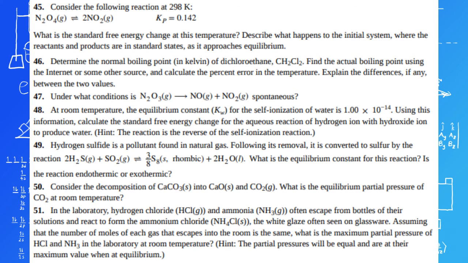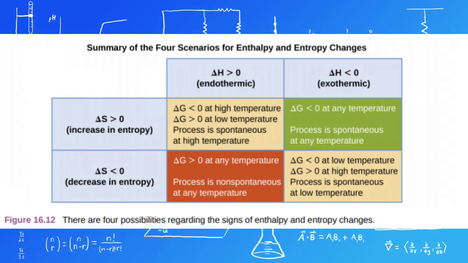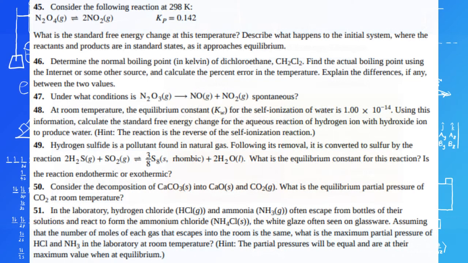That should remind you of this chart. Something that's spontaneous at high temperatures and non-spontaneous at low temperatures. That's the top left corner. So basically, you're going to take delta H minus T delta S and set it equal to 0 to solve for the T where delta G is 0, and then that T is the boiling point.